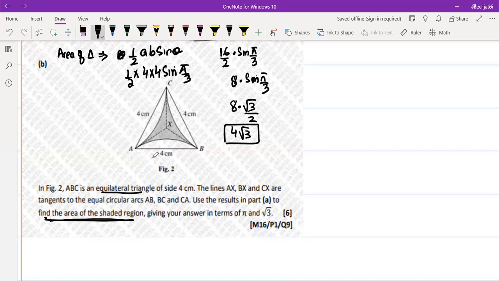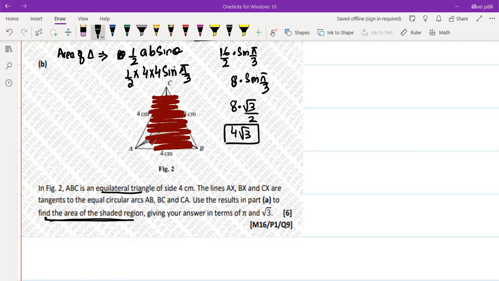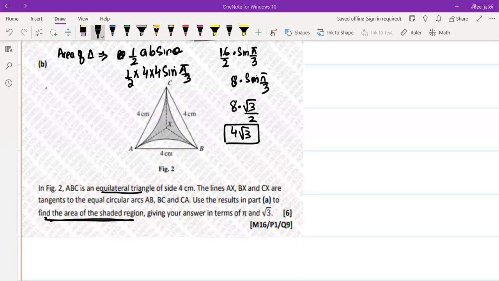But to understand further, we know that this 4 under root 3 is for the entire triangle. But now we need to know this particular segment. When we multiply the segment by 3 and subtract it from the area of the triangle, we get the area of the shaded region.